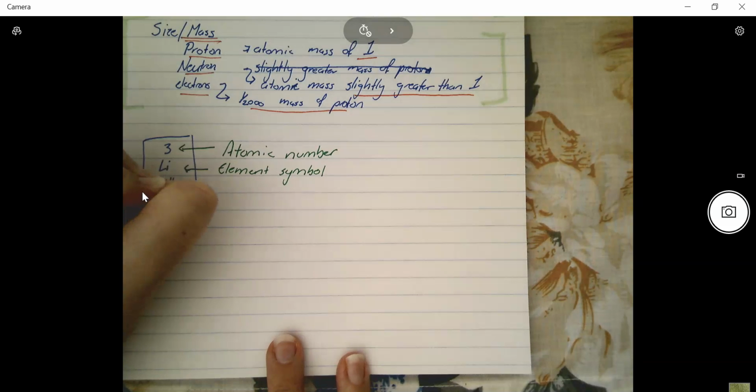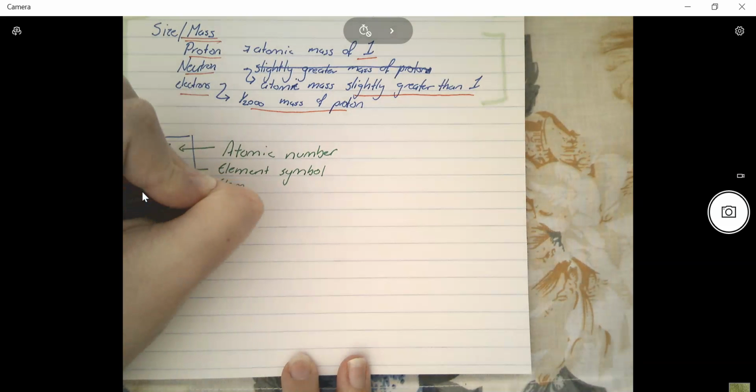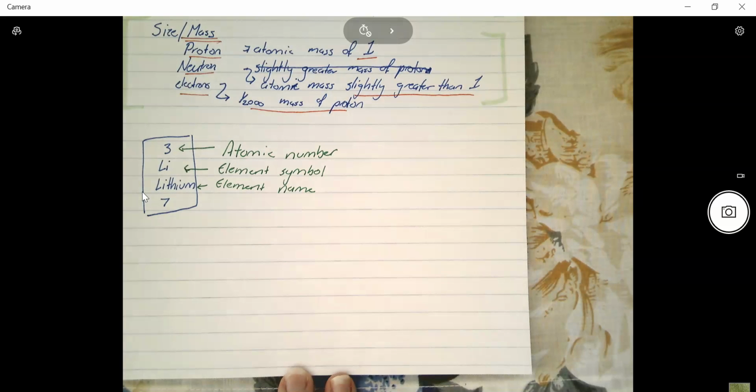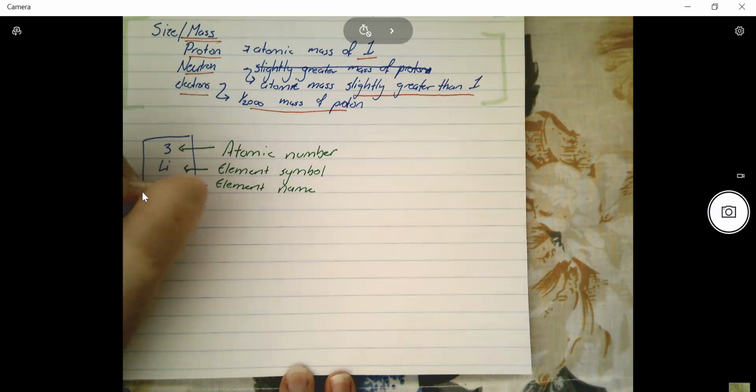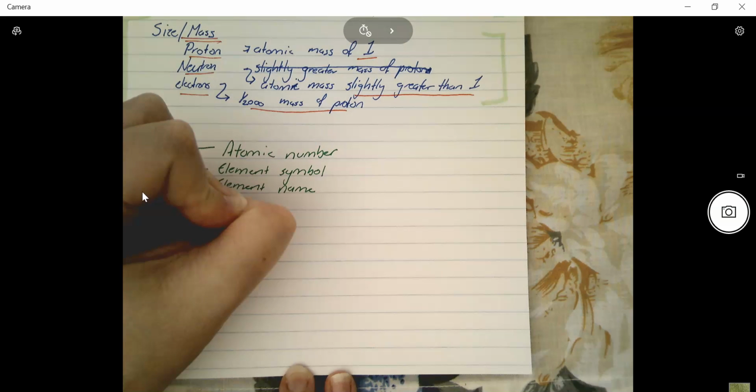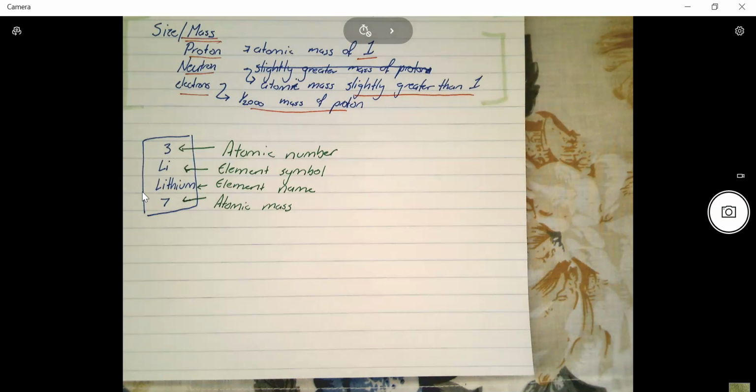Here, lithium, well, that's our element name. And the number at the bottom on the periodic table is the atomic mass. Again, this is stuff you just have to learn. It's new, and that's why you're learning it, so that it will soon become familiar.